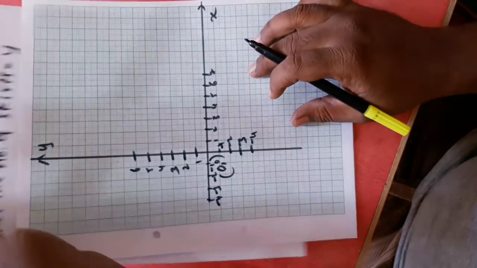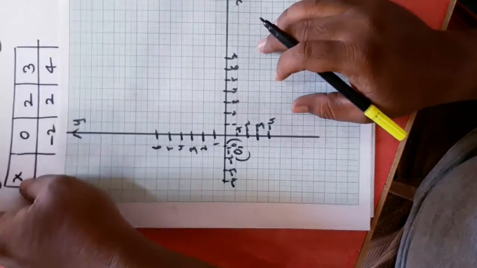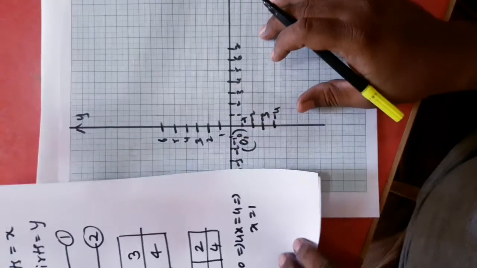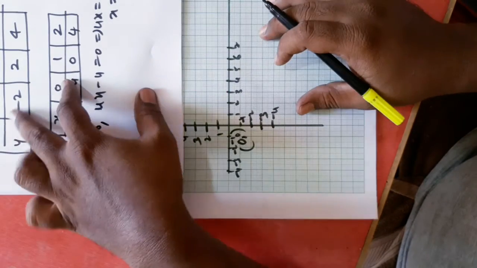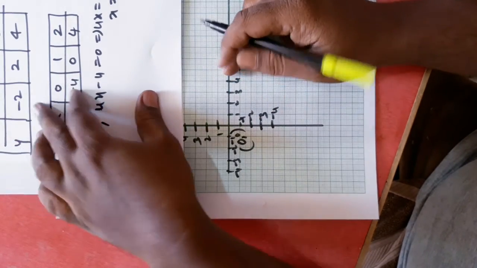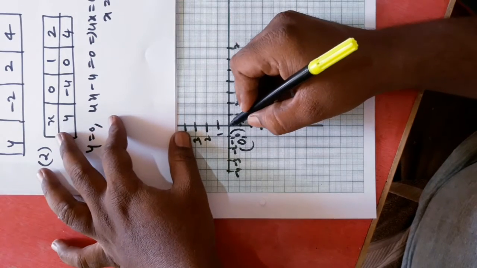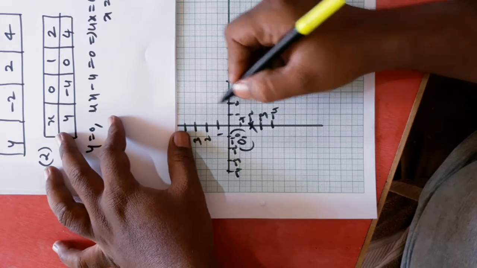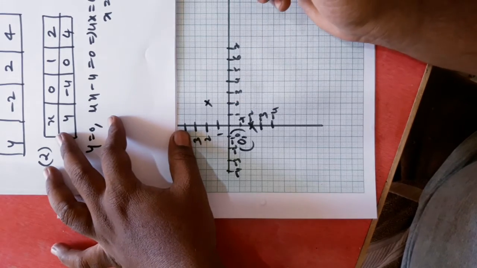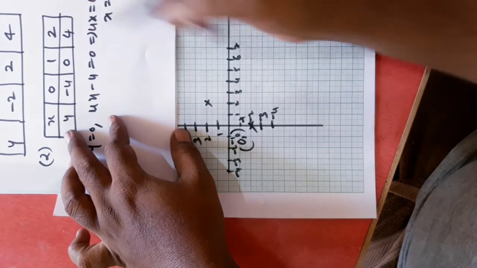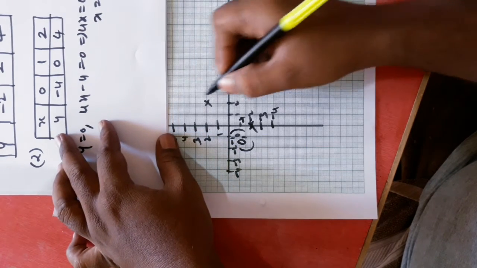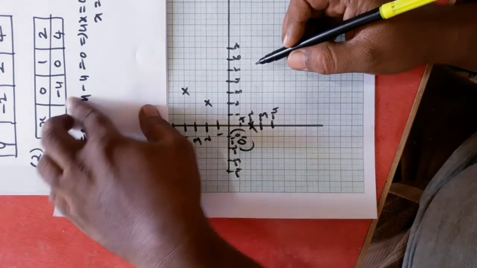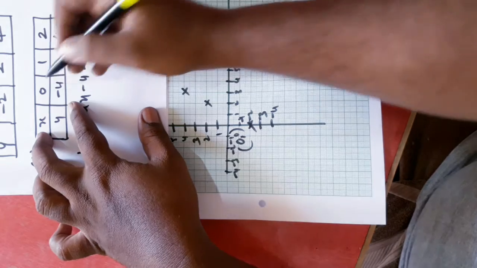Then if you draw the lines, the points you see: first equation, first point, 0, minus 2, x is 0, y is minus 2. Next 2, 2, this will be here. Next 3, 4, x is 3, y is 4 like this. Then what will be the other line? 0, minus 4.